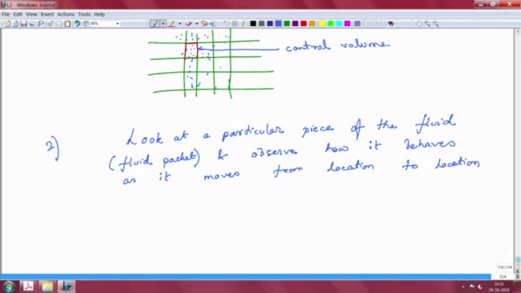This is called your Lagrangian point of view.